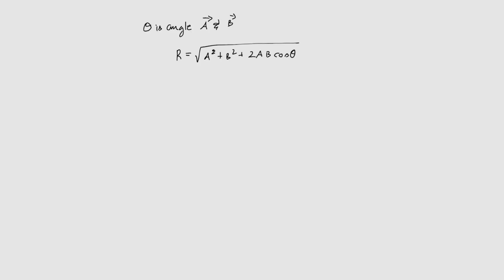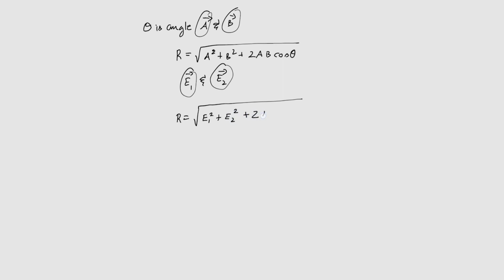Here we have E1 vector and E2 vector, where E1 is A and E2 is B. So therefore the resultant is root over E1 square plus E2 square plus 2E1 E2 cos of theta, where theta is the angle between E1 vector and E2 vector.